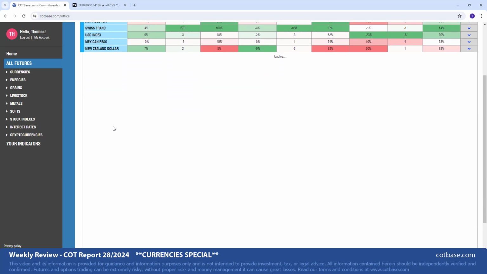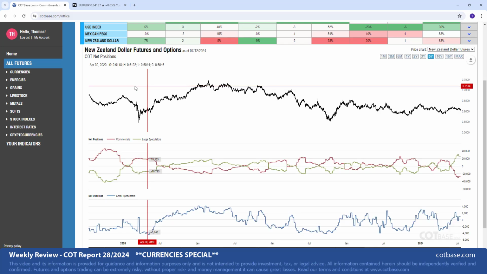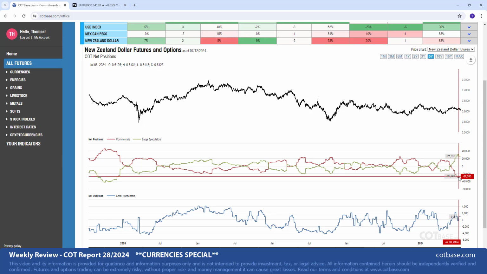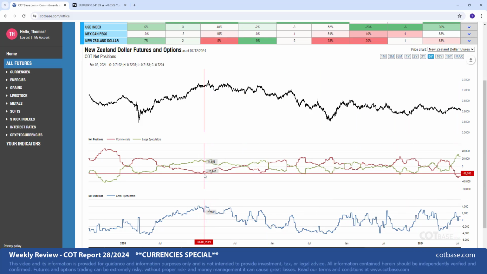The New Zealand dollar is our next market. Here we have a 5% COT index in commercials net positions. That, of course, suggests weakness in the New Zealand dollar. We can go back in time and see what happened when we had a significant bearish extreme in the market.